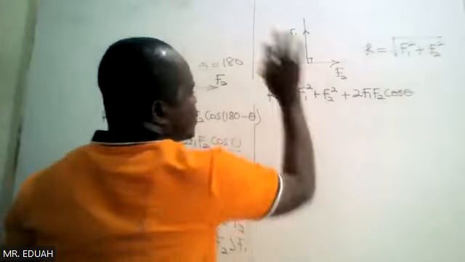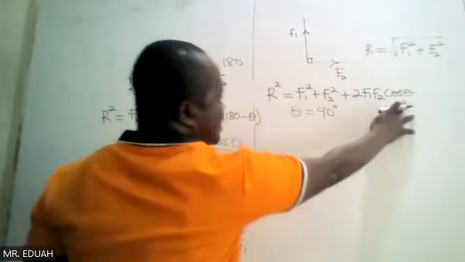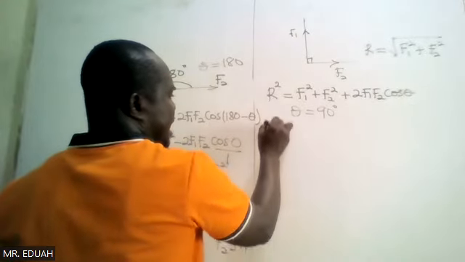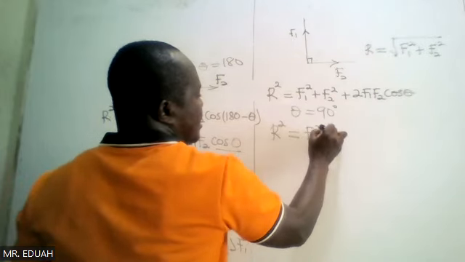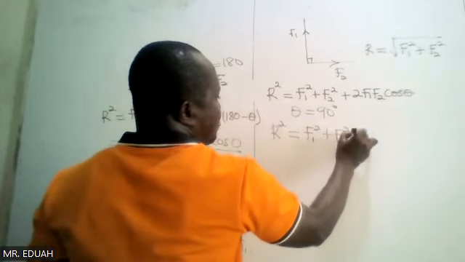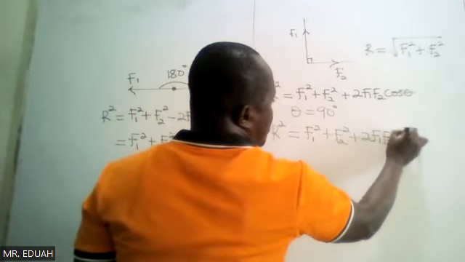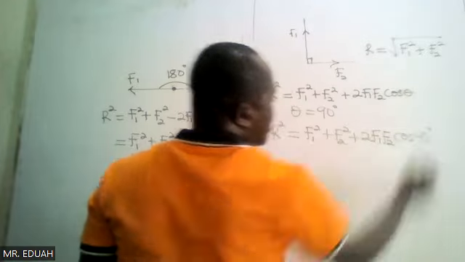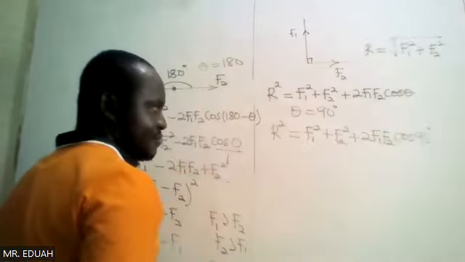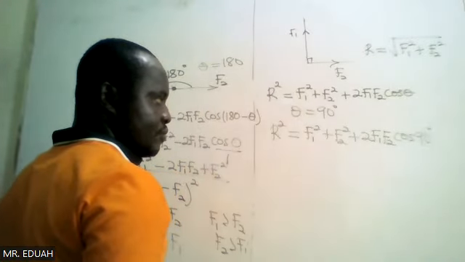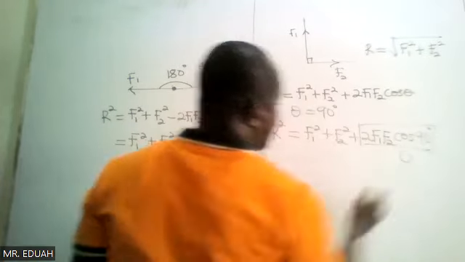All that I do is that into this, theta is equal to 90 degrees. So substitute 90 for theta. R squared will be equal to F1 squared plus F2 squared plus 2F1 F2 cos 90. Cos 90 is equal to what? 0. So all this side goes to 0.